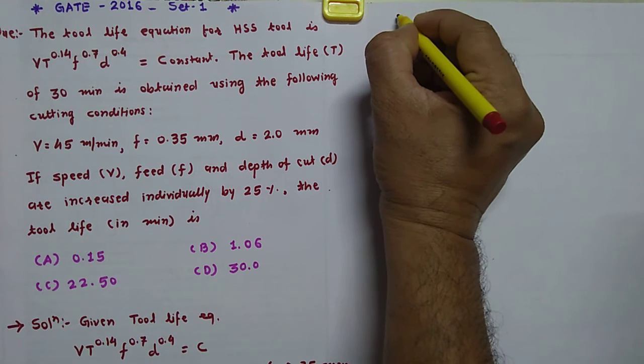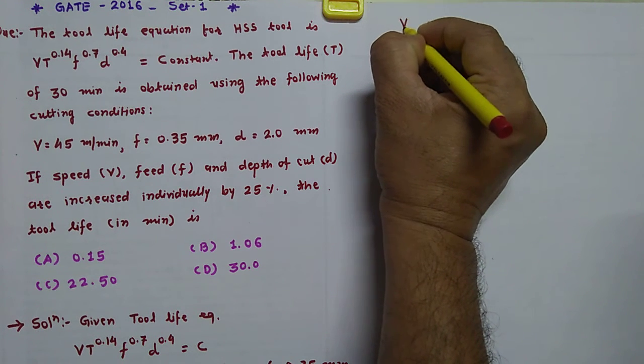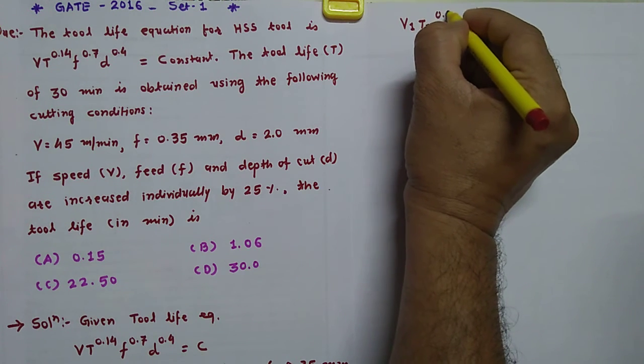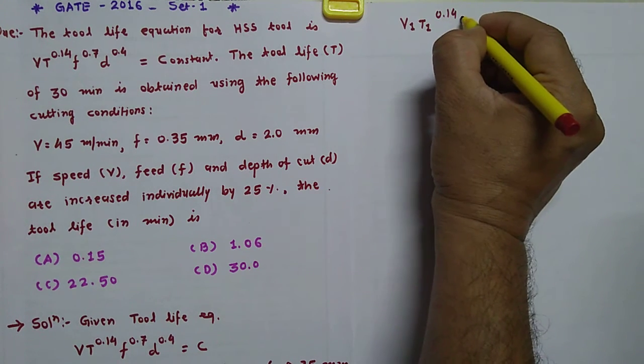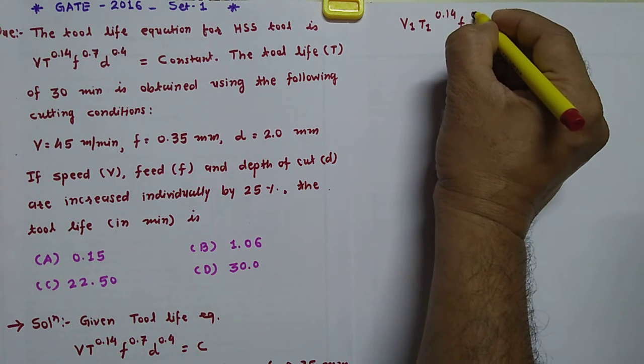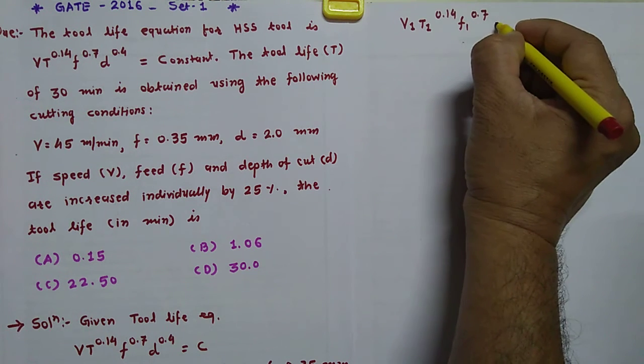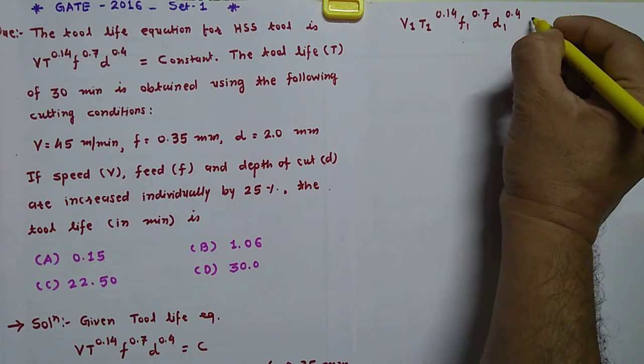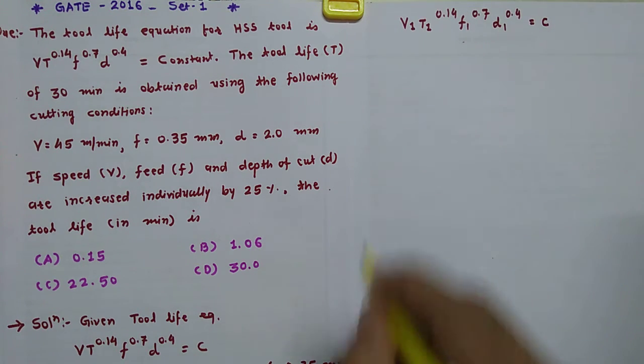So we have one equation, that is V1 T1^0.14 F1^0.7 D1^0.4 is equal to constant.